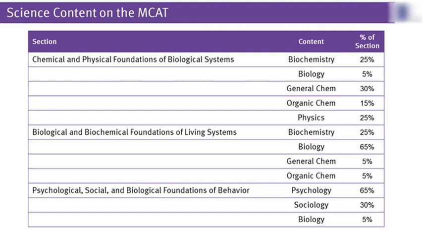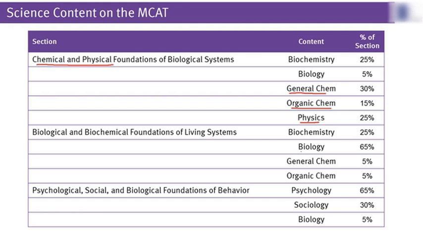Now, how about the content you're going to see, at least on the science sections of the exam? Well, this diagram here on the screen and in your book is that outline as given to us by the test maker. Some highlights here are where the numbers are the biggest. You're going to see most of the general chemistry, organic chemistry, and physics on what's called the Chemical and Physical Foundations section, or Chem Phys section.